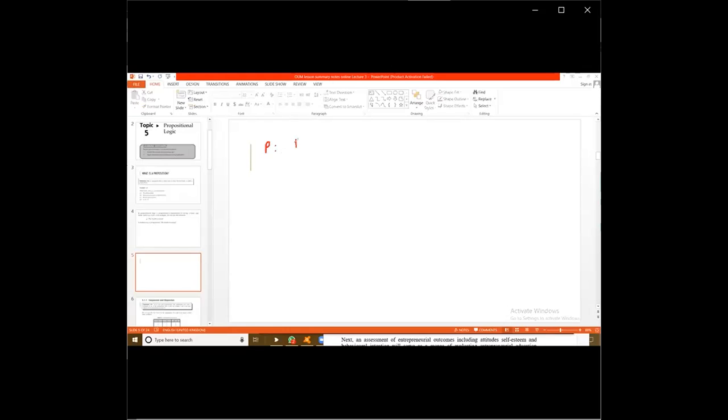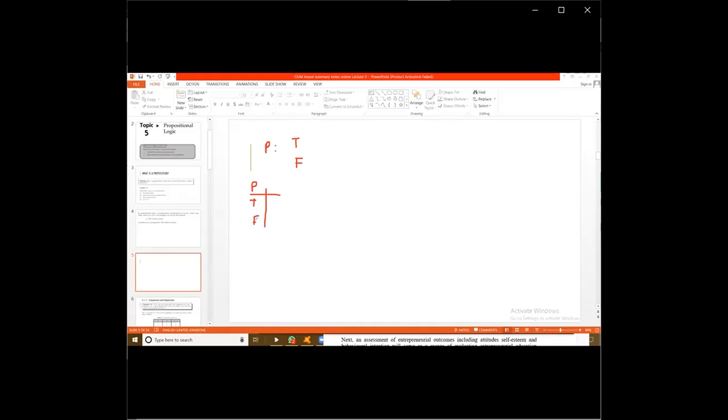It can be true or it can be false. So in the creation of a truth table, you construct a table like that. Then you have the statement P with the possible values true and false.